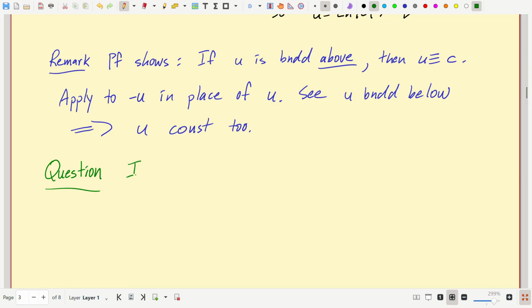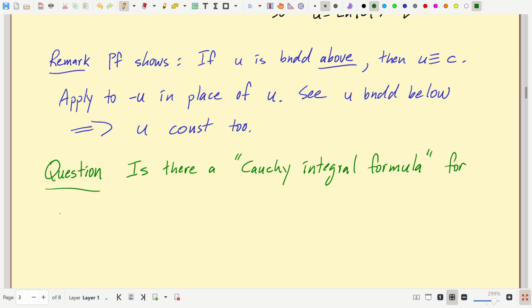The question: is there a Cauchy integral formula for harmonic functions? I'll put it in quotes because it's not called a Cauchy integral formula, for harmonic functions.